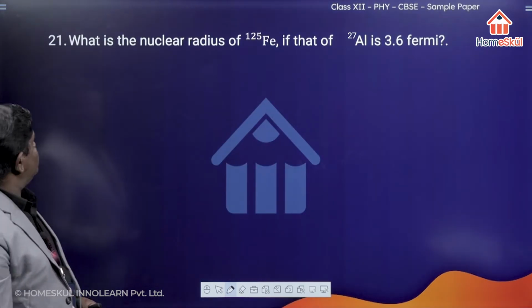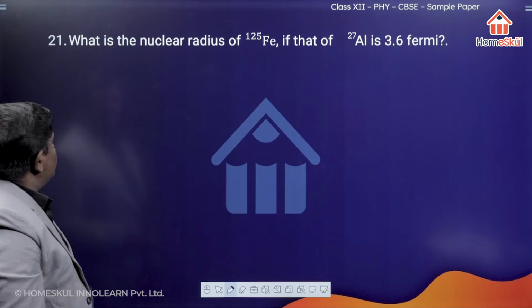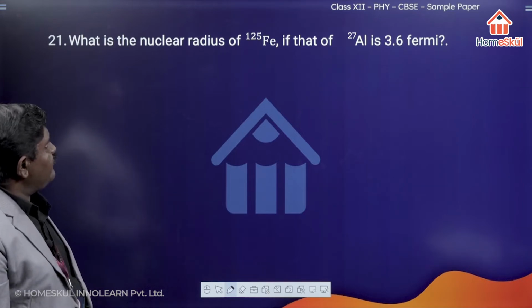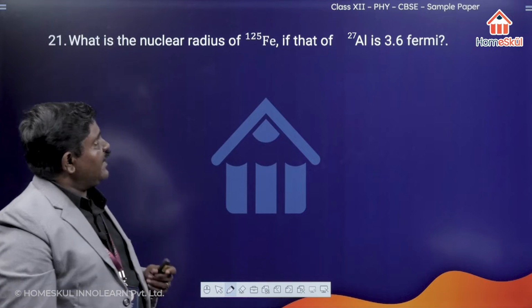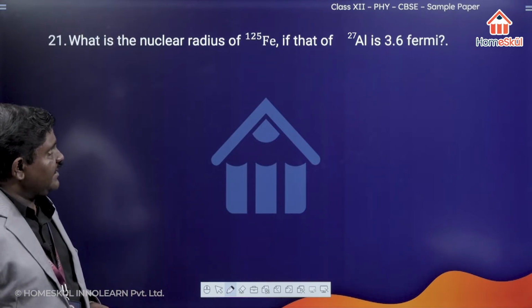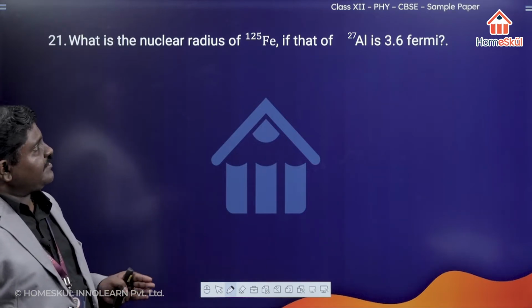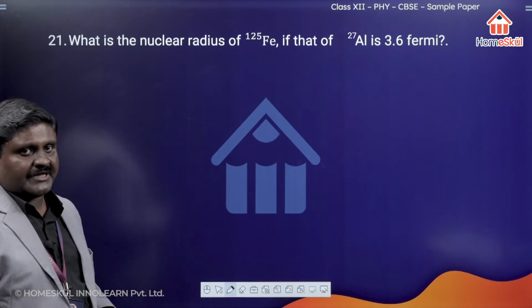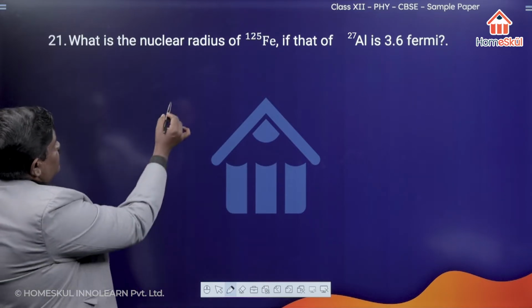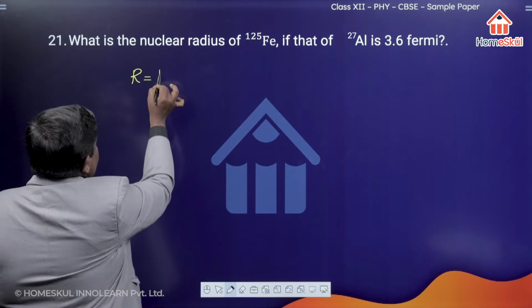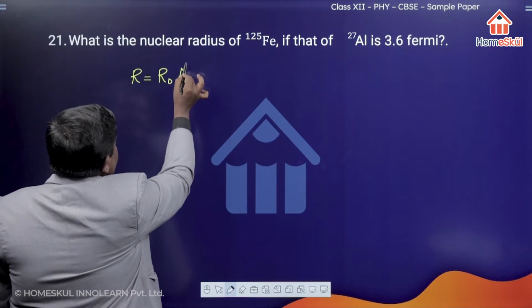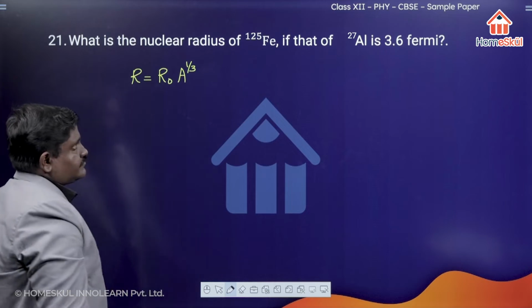Next one, question number 21. What is the nuclear radius of iron 125 if that of aluminum 27 is 3.6 Fermi? Here we have the equation for radius, R equal to R0 A raised to 1 by 3.